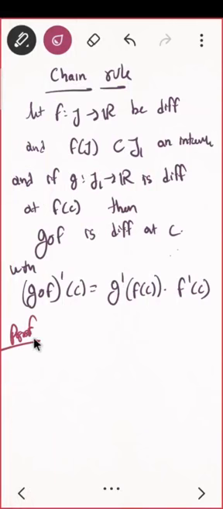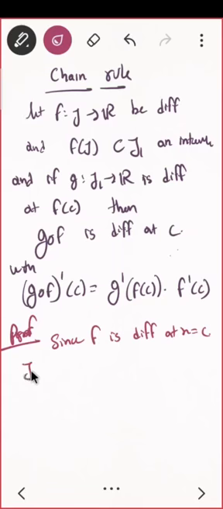You are already given f is differentiable. I'm going to use that last definition of differentiability that we gave. Since f is differentiable at x equal to c, what do we mean by that?